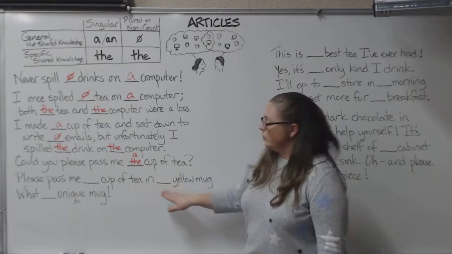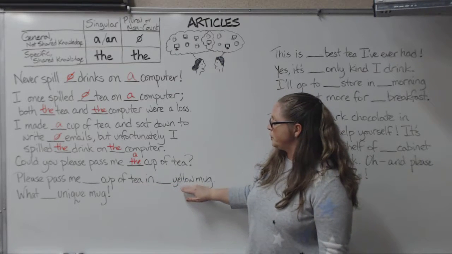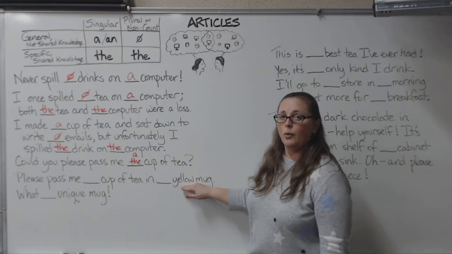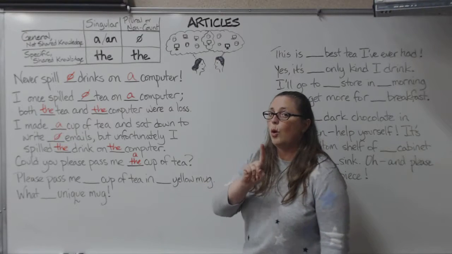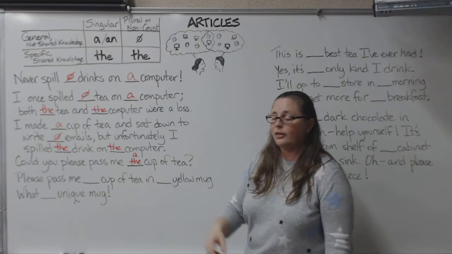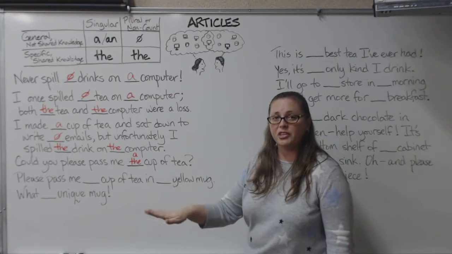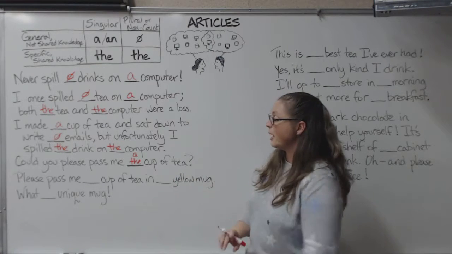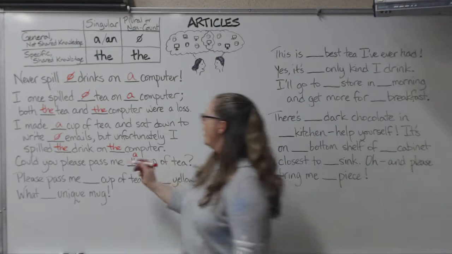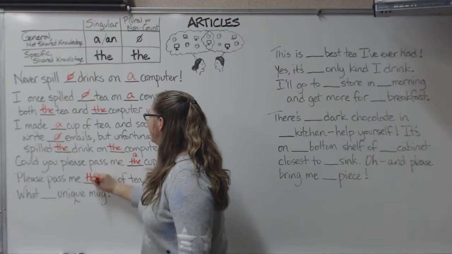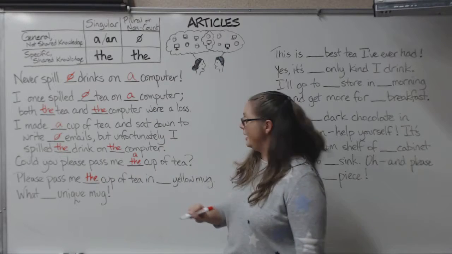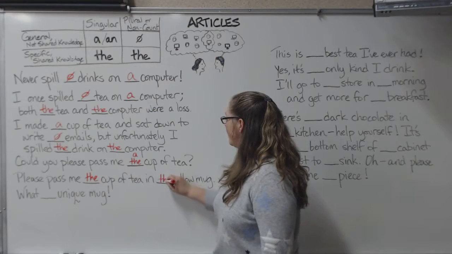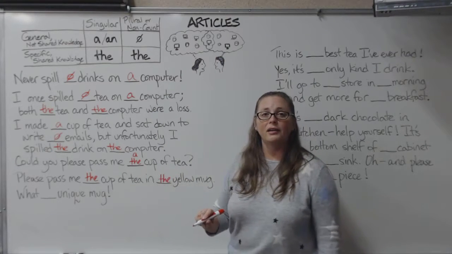Now, we're making this much more specific, with the idea that there's only one yellow mug and there's only one cup of tea in a yellow mug. So I'm going to say, "Please pass me the cup of tea in the yellow mug."